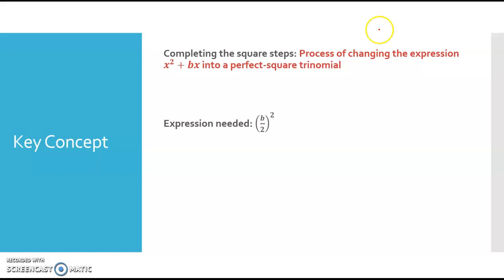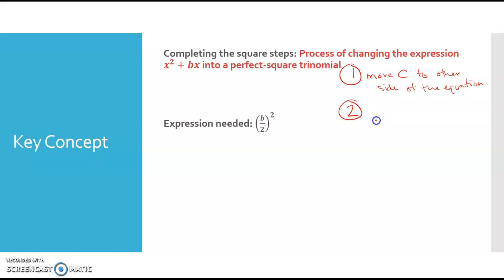So I am going to write out our steps. Step 1, we're going to move c to the other side of the equation. And you may be going, but Mrs. Cartwright, the last couple times we had to have it equal 0. You're right. Not this time, though. Other side, there's only one equation.